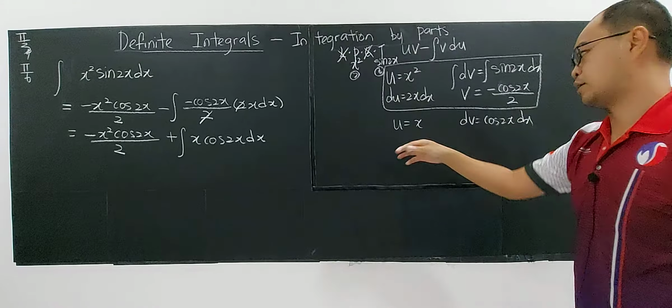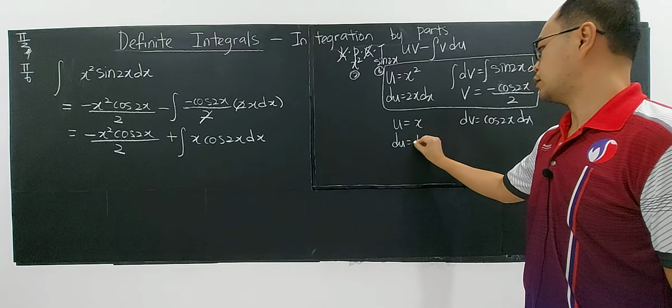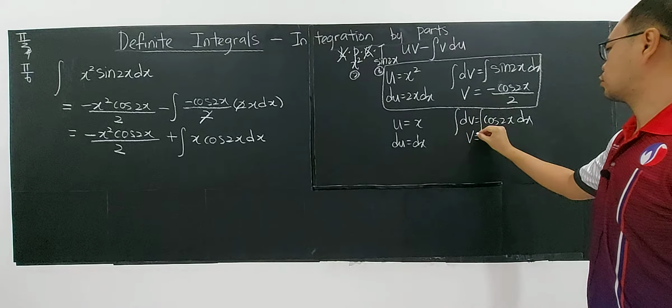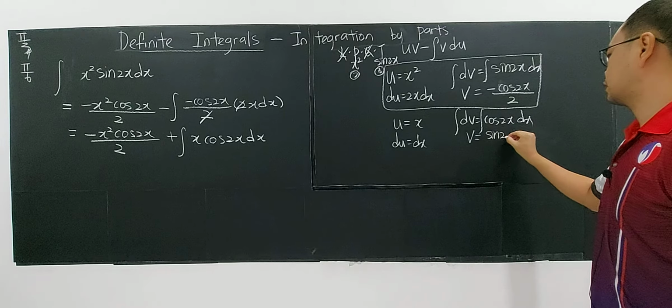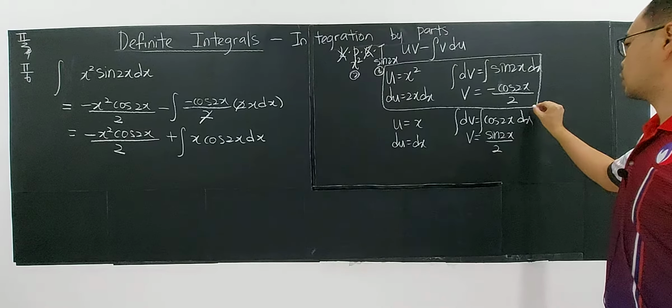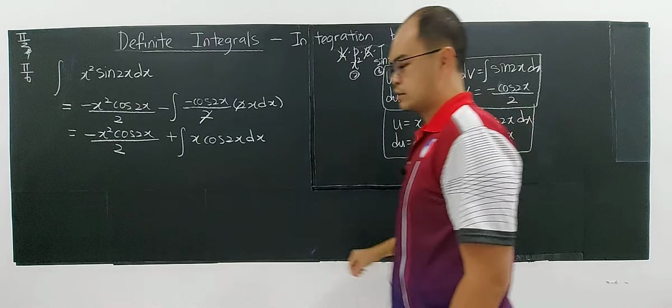As the trigonometric part always goes for dv, du will be dx. Integrating both sides, integrating cos, you are getting v equal to sine 2x over 2. So this is the second integration by parts that I'm going to apply.